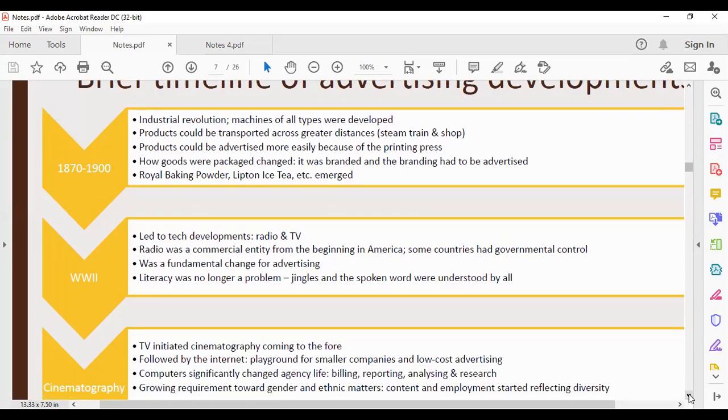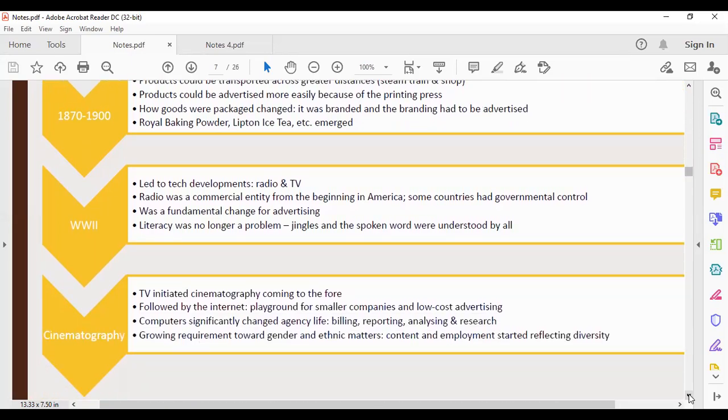Then after the war, we move to cinematography. This is when TV was introduced into cinematography. Then after TV, it was followed by the internet, a playground for smaller companies and low-cost advertising. So that's one other big advantage of the internet.